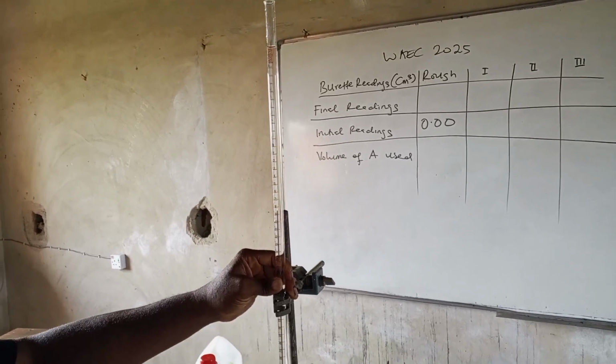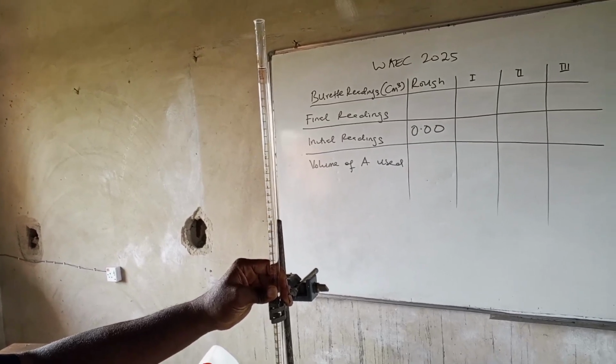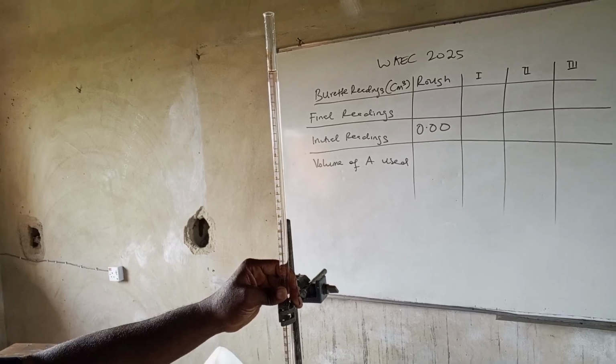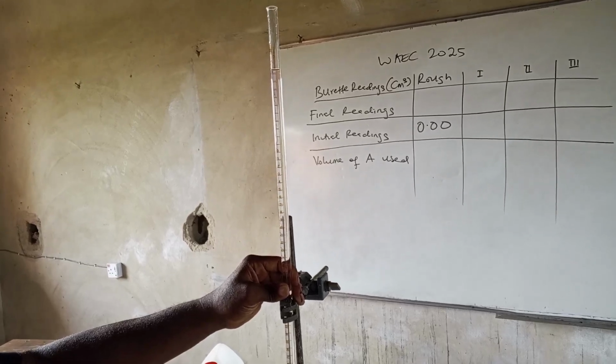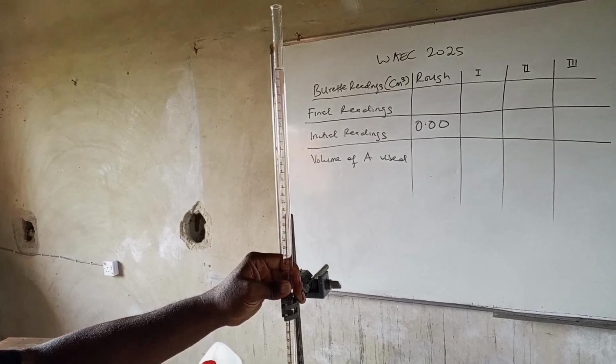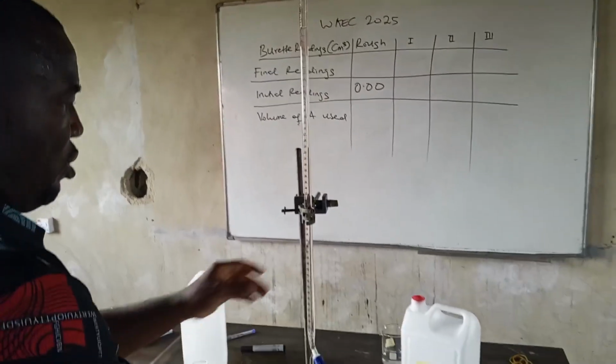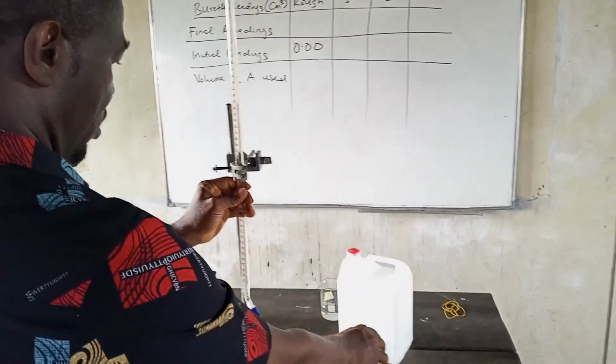So it's coming down to 0. So it has 0 there, so we can now close it. So it has stopped leaking now. So we can now start titrating.